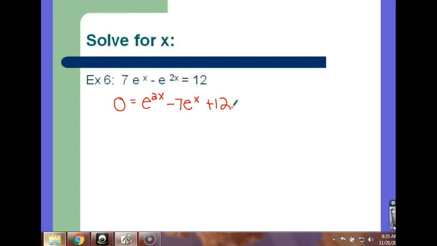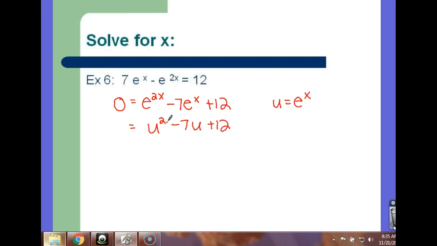And then what I want you to do is treat e to the x like the letter u. So everywhere I have e to the x, I'm going to make it the letter u. So here, since there's 2 of them, it becomes u squared.